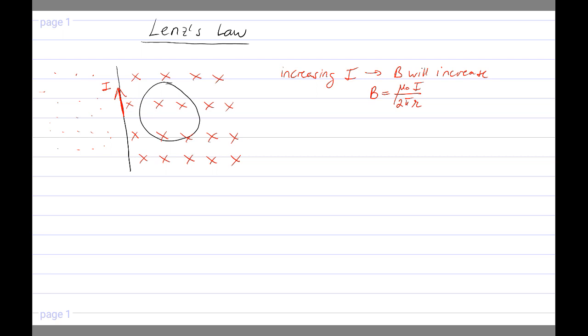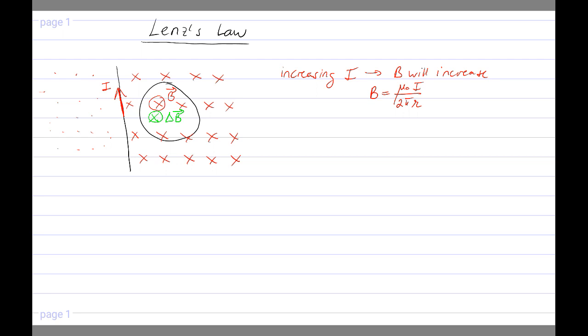So increasing I will increase the magnetic field. So if originally the magnetic field was into the paper, into the loop, like this, and then we are increasing the current, we are changing the magnetic field by increasing it. So the increase is also in the direction of the original magnetic field.